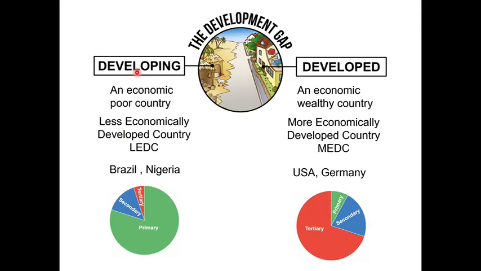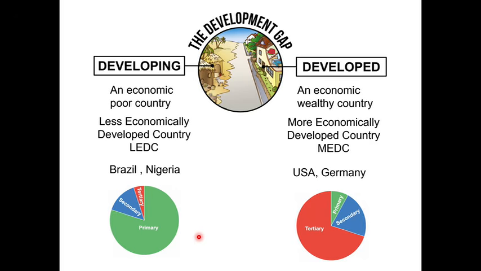The developing will be an economically poor country. It will be less developed economically, and they are called the LEDC, the less economically developed countries. Now, examples: Brazil, Nigeria, and this is very important that I'm going to refer to here. This pie chart that we've got here, and you've got to compare this with the other one later on.